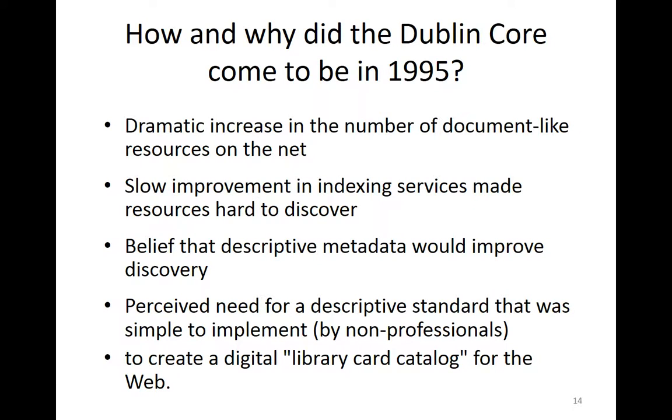So how and why did Dublin Core come about in 1995? Well, this is a little bit of a history of it. With the advent of the web, there was a huge increase of document-like resources on the web. At the time, we did not have Google yet. Google really didn't come into full swing until the early 2000s. So indexing the web was a very tricky thing.